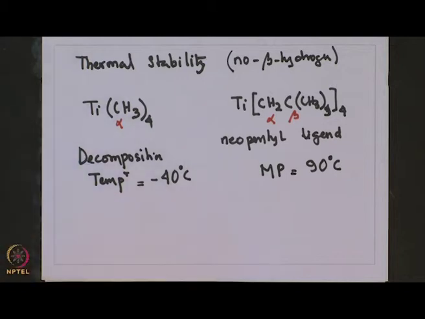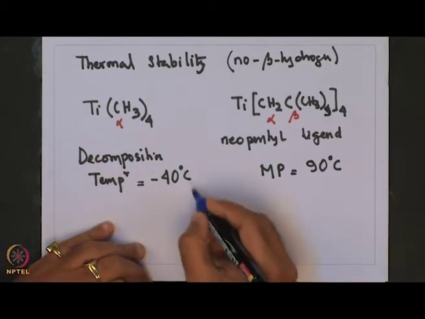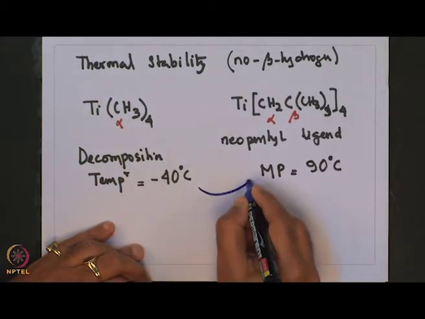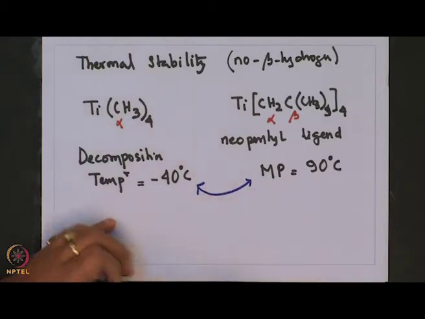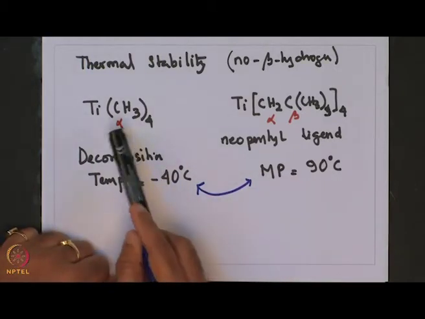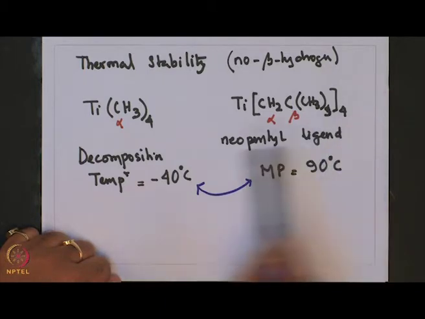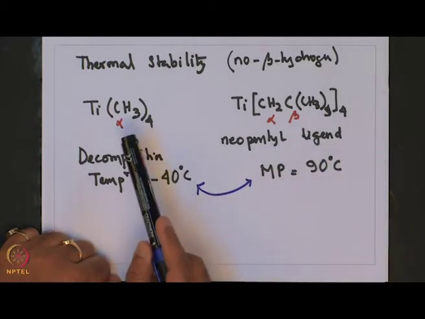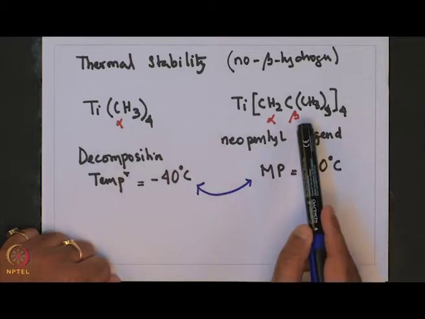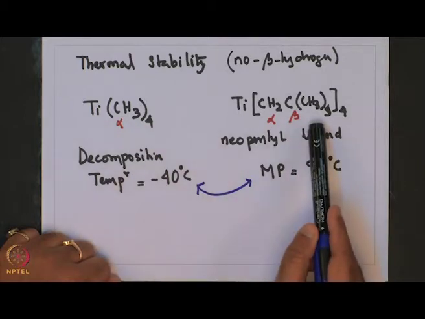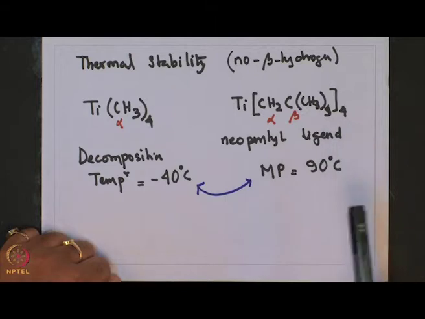So, we can see that there is a huge difference in stability between titanium tetramethyl and titanium tetraneopentyl, despite the fact that neither has a beta hydrogen.